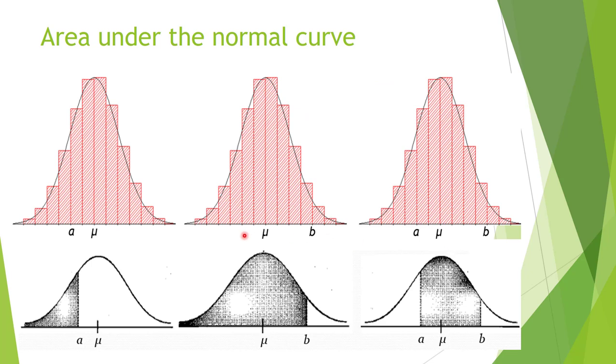So I give you three pairs of graphs here. What I want to show you is, if you first look at the red shaded histogram, because this is a normally distributed histogram, in the center will be the mean, or mu, the population mean.